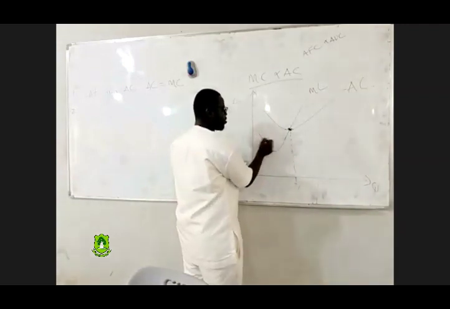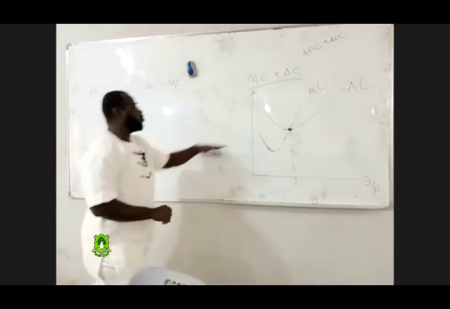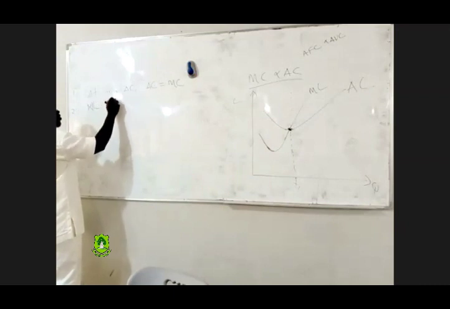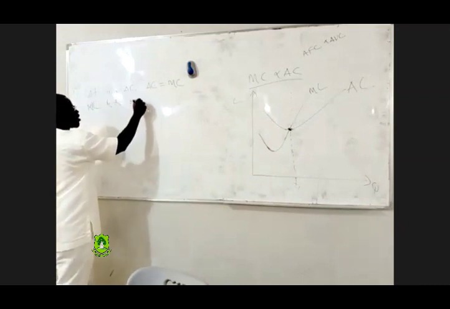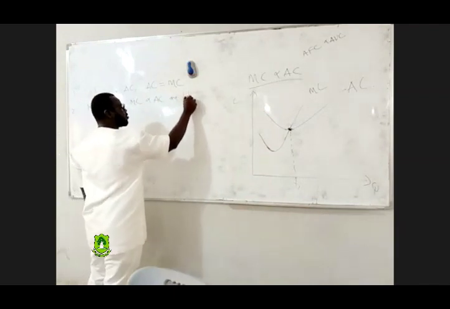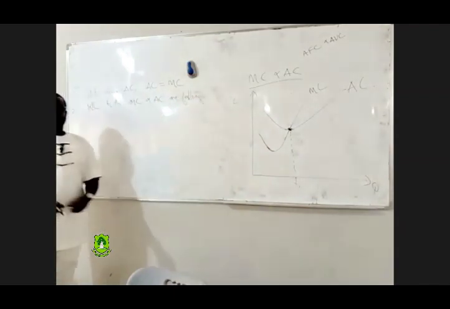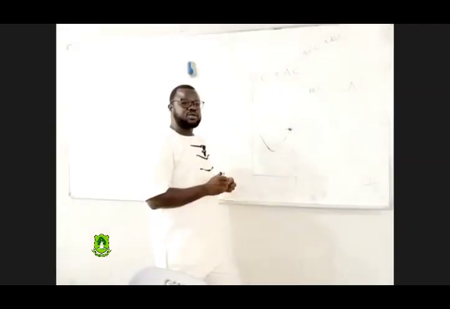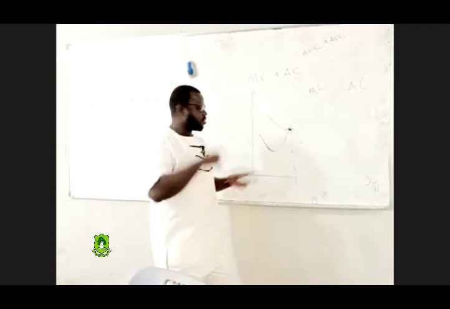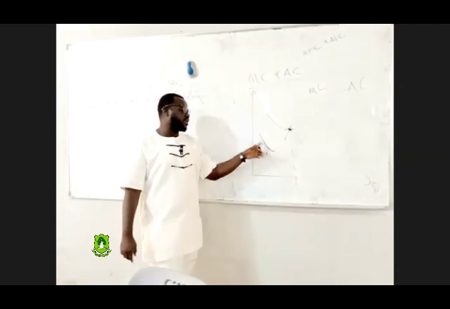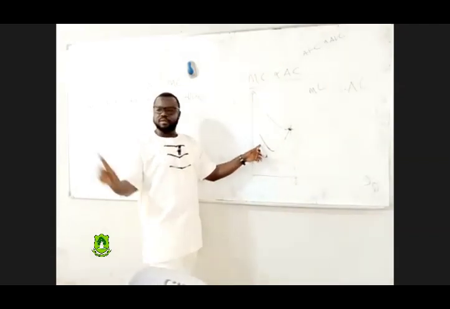It is also falling. When both marginal cost and average cost are falling, one falls faster than the other. Is that not it? Which one falls faster than the other? The marginal cost falls faster than the average cost, and therefore it lies below it.